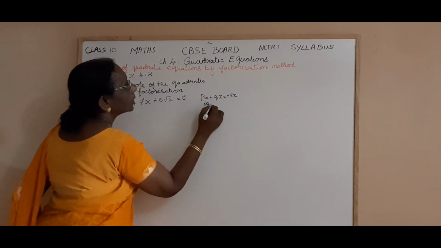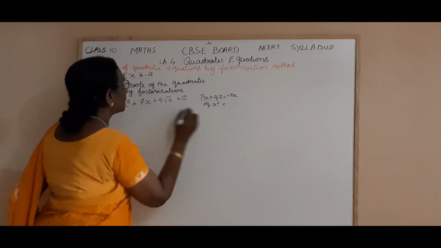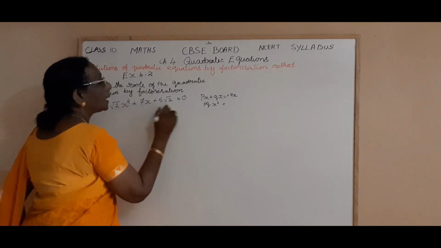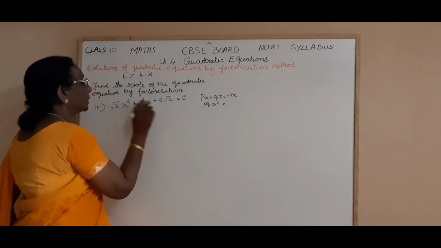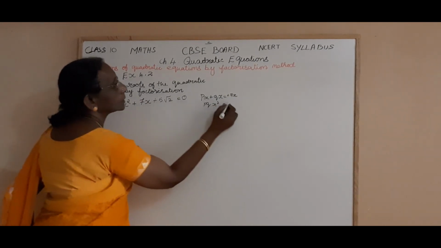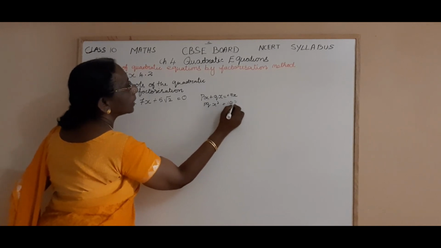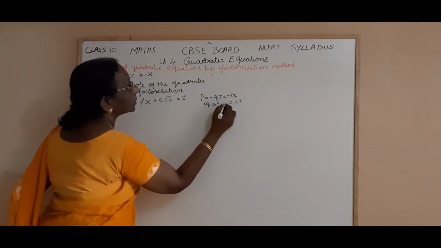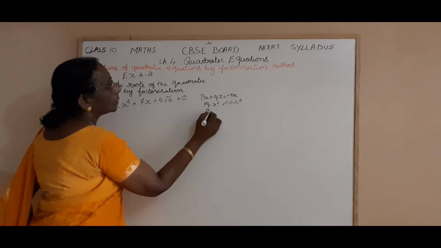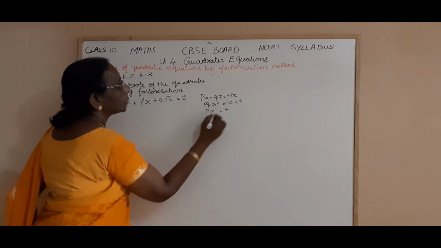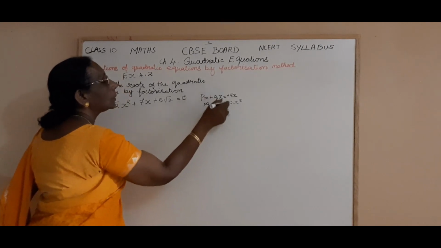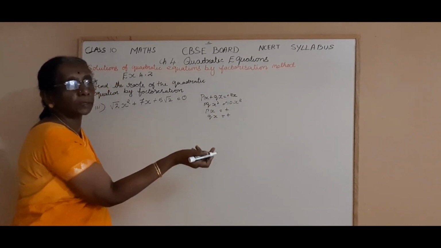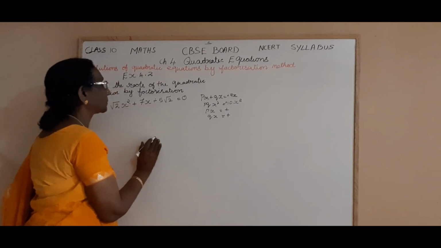And PQ x square is equal to what? 5 into root 2 into root 2. That is 5 2s are 10x square, and it is positive. So Px will be positive. Qx will also be positive. Why? Because sum is also positive, product is also positive.